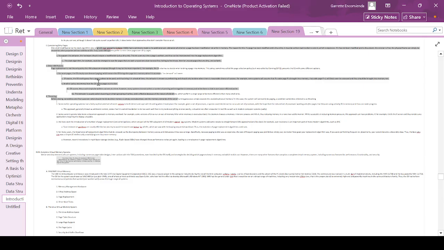Of course, the OS could guess that a page is about to be used and thus bring it in ahead of time, kind of like a prefetch. This behavior is known as prefetching and should only be done when there's a reasonable chance of success. For example, some systems will assume that if a code page P is brought into memory, code page P plus 1 will likely soon be accessed and thus should be brought into memory too.